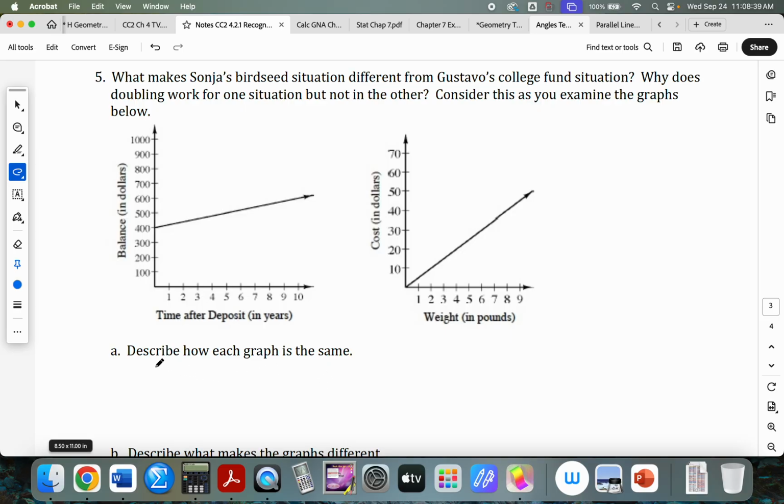Okay, they both increase. And what we're going to say about them, did you notice that this is straight? It doesn't increase and then increase more and more and more. So they both increase at a constant rate.